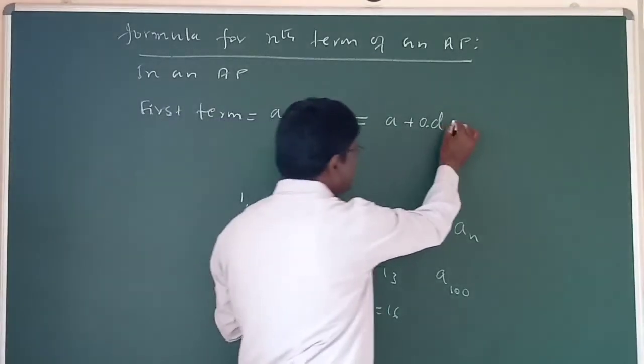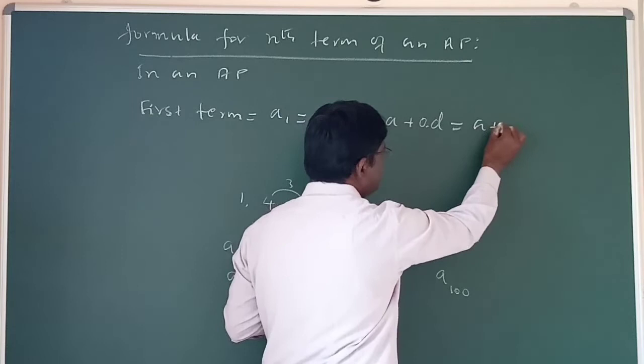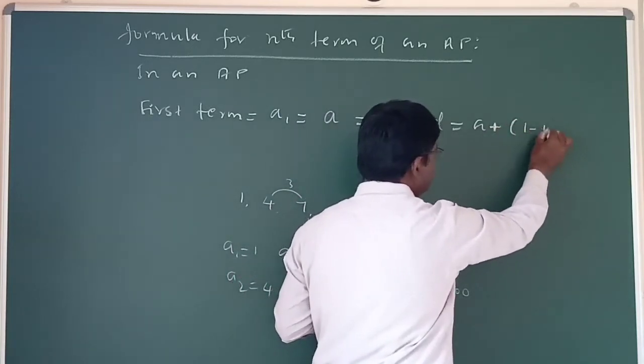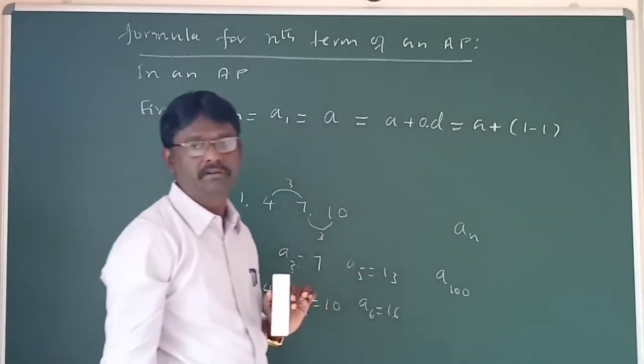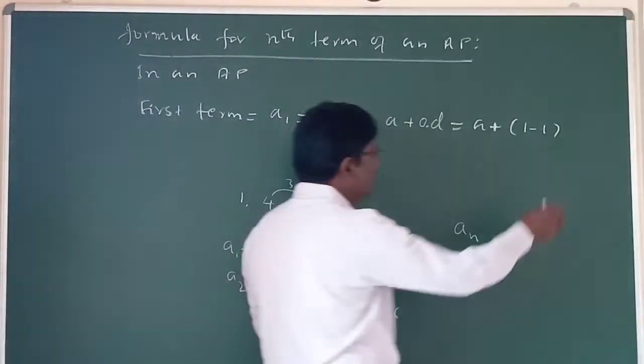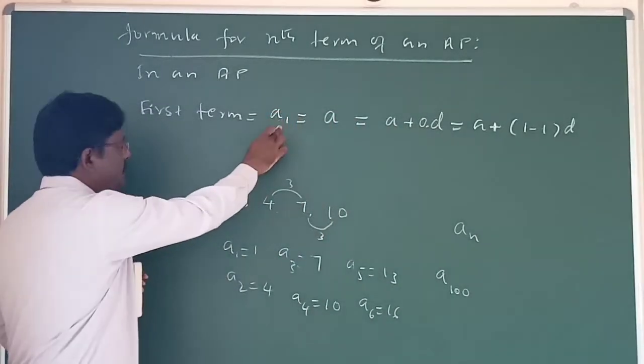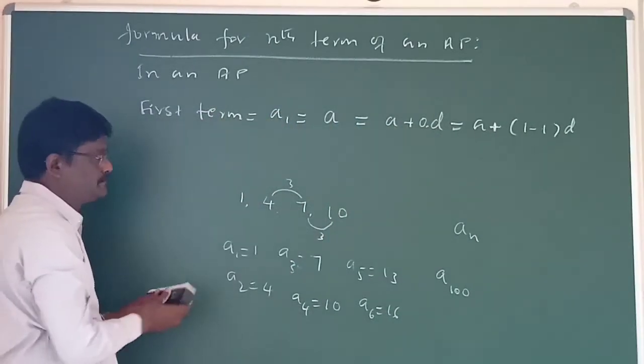Once again, a plus this 0 can also be written as 1 minus 1. What is 1 minus 1? 0. 0 into d, 0. 0 plus a, a is A1. A1 is the first term.